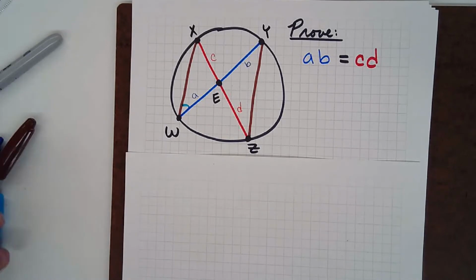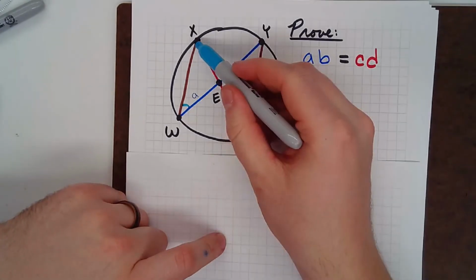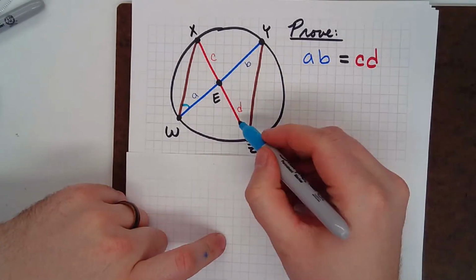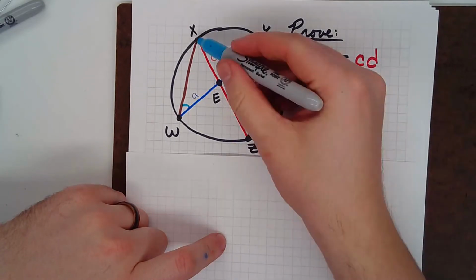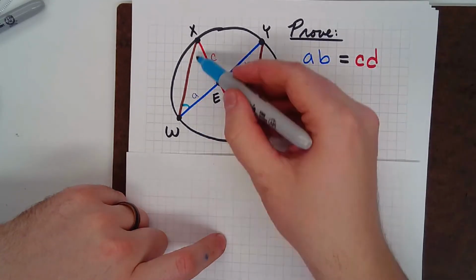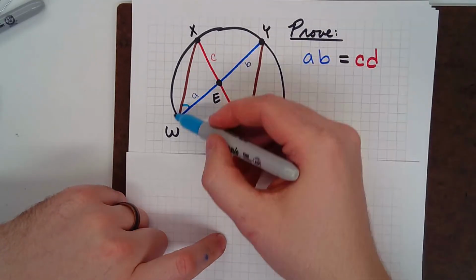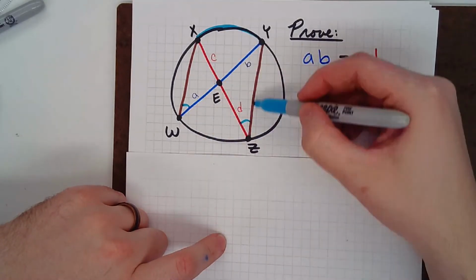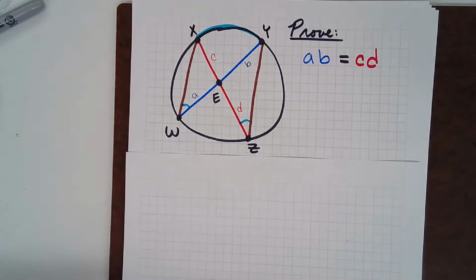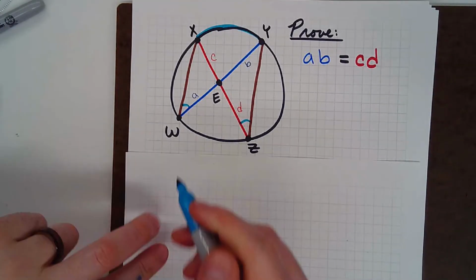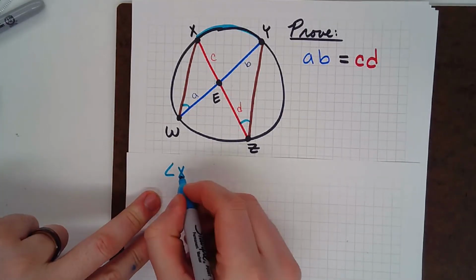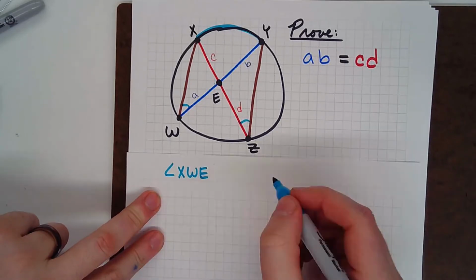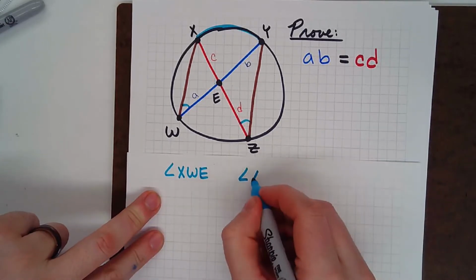We know this angle right here, XWE, is congruent to this angle here, XZY, because this is an inscribed angle, and this inscribed angle opens up to this arc. Well, so does this inscribed angle. Therefore, they must be the same. So I'm going to write that angle XWE is congruent to angle XZY.